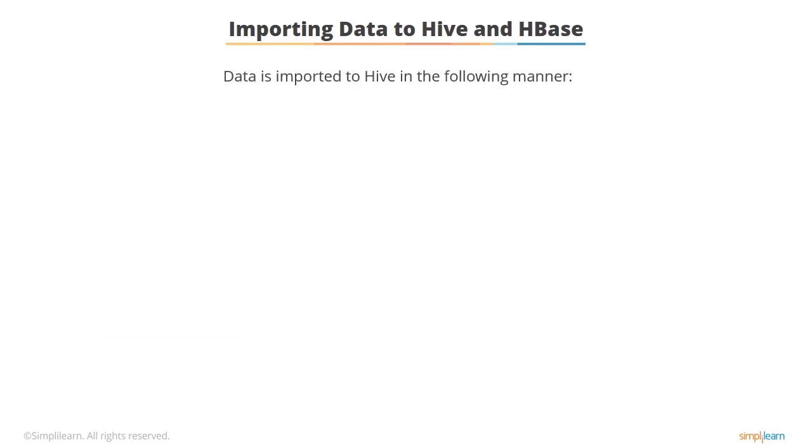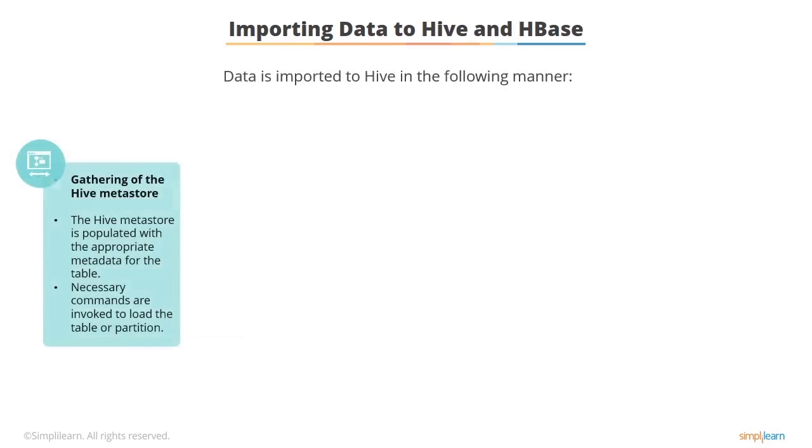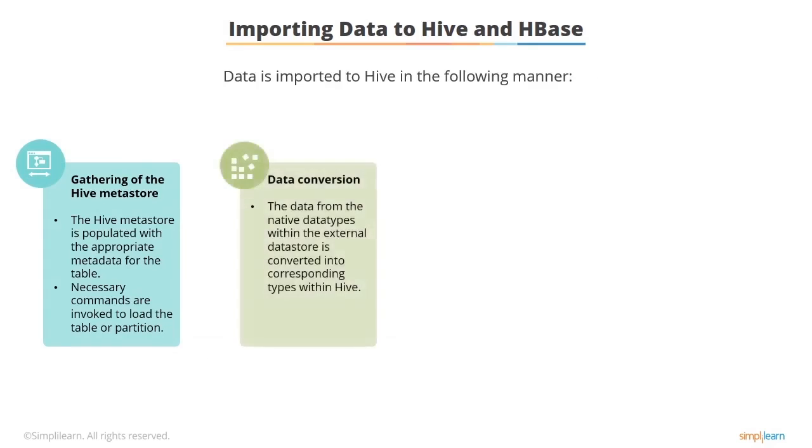Let's discuss the process of importing data to Hive and HBase. First, Sqoop takes care of populating the Hive metastore with appropriate metadata for the table, and also invokes the necessary commands to load the table or partition. Next, using Hive import, Sqoop converts the data from the native data types in the external data store into the corresponding types within Hive.